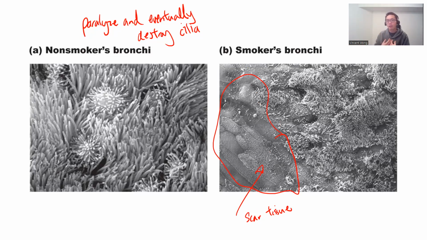Okay, and the only way for you to remove all this junk that's trapped is to cough it up. Right, so people develop this smoker's cough. You just cough it out like that, and you spit out the stuff. Okay, so that is because of the cilia gone, replaced by scar tissue. Yeah, like a bald spot, exactly.